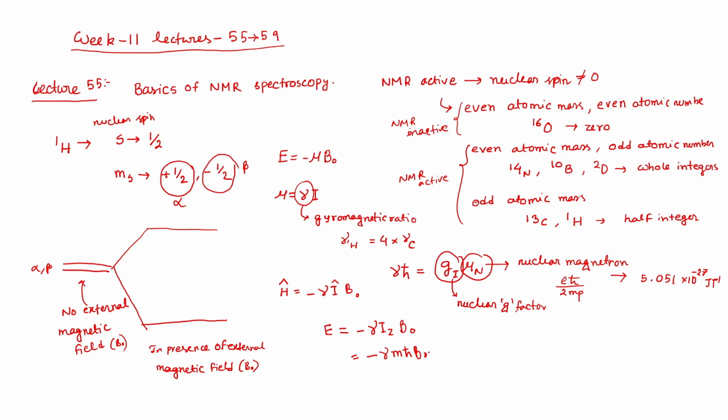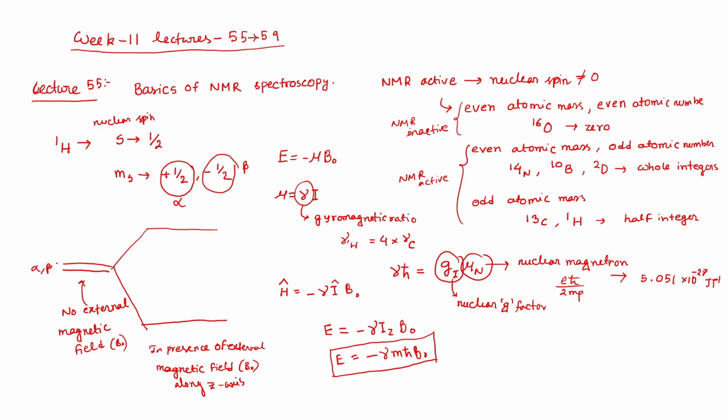This is going to be the energy for each of the spins interacting with the external field along the z axis. Let me write it along the z axis, then it will make sense.